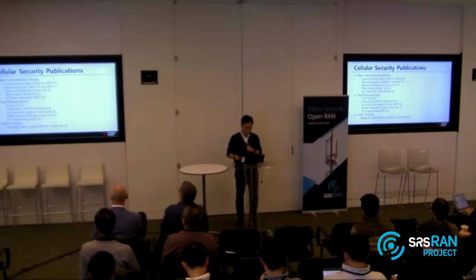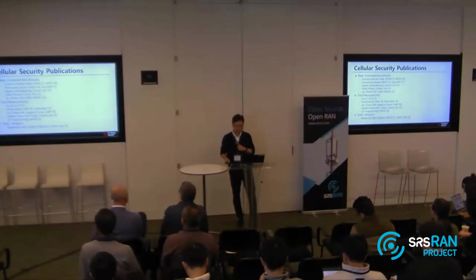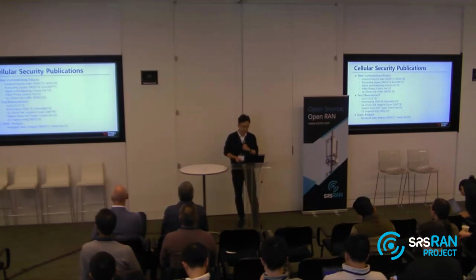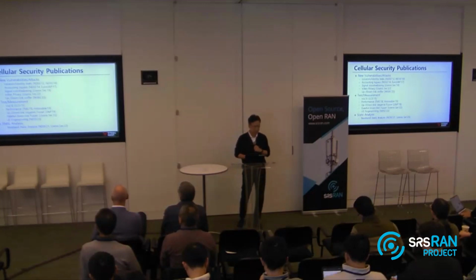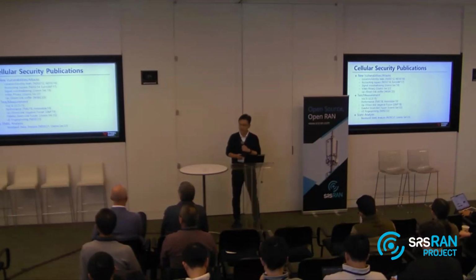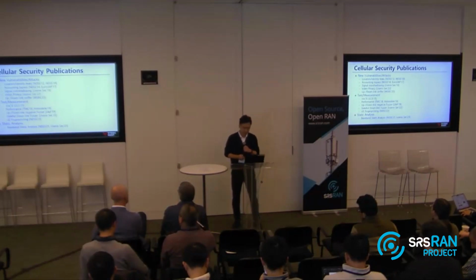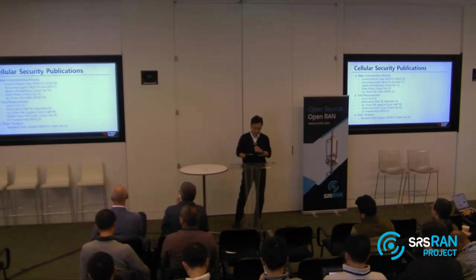We also showed that you can fingerprint a particular user watching a particular video, even though it is encrypted, by exploiting the MAC layer. Recently, we released LTE sniffer, an uplink and downlink sniffer, at Usenix Security 23. So those are the new vulnerability and attack papers.